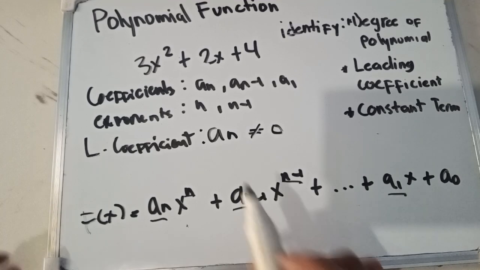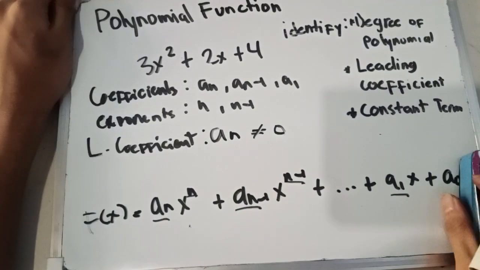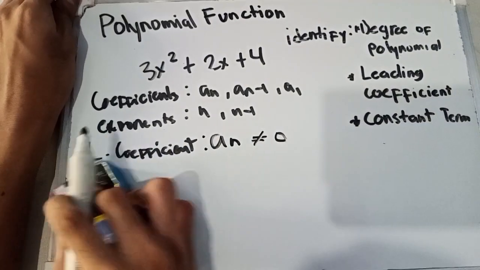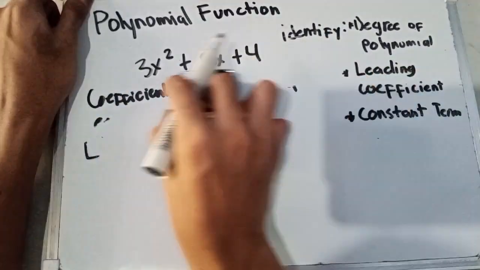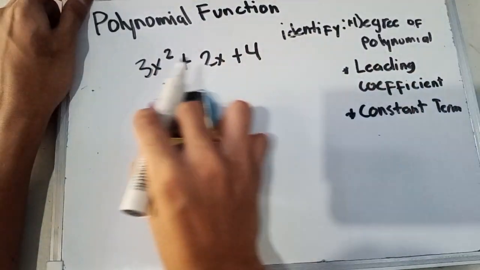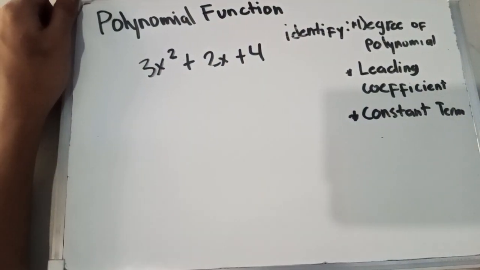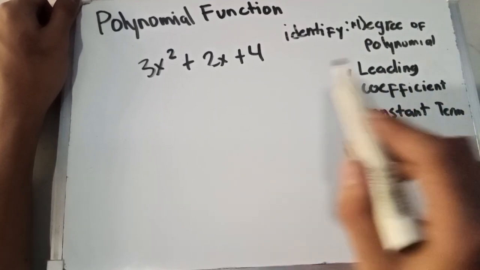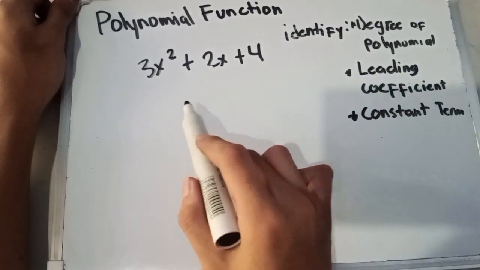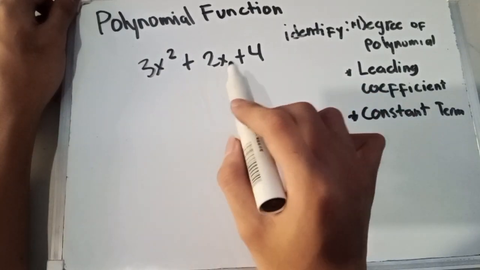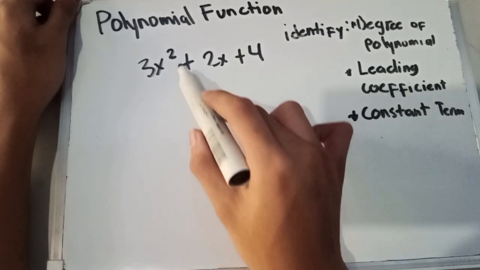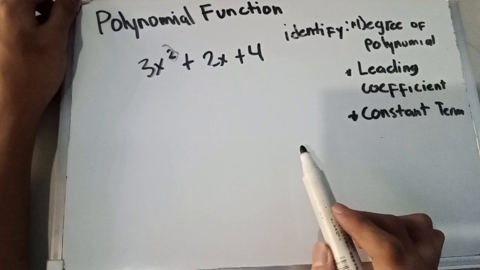So now, let's find the degree of polynomial, the leading coefficient, and constant term. The degree of polynomial corresponds to the leading term. Now, if you arrange it by order, the degree of polynomial is 2, the highest exponent.